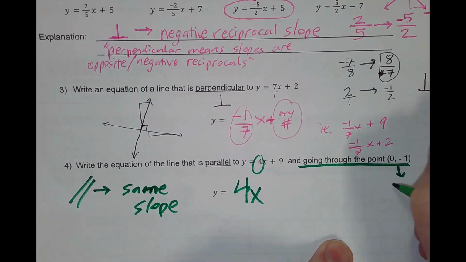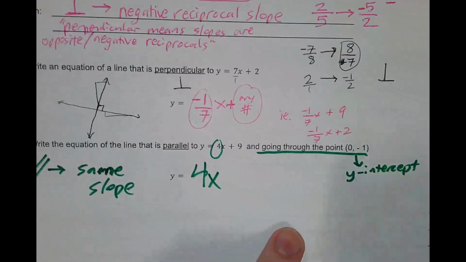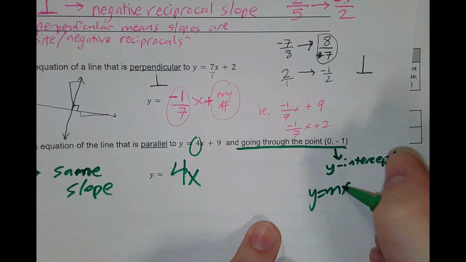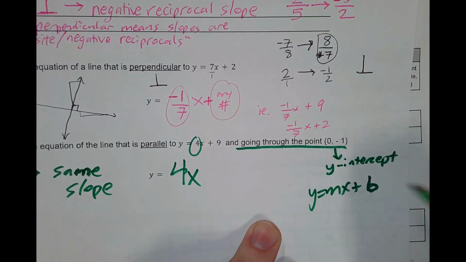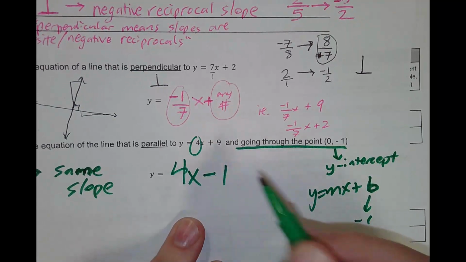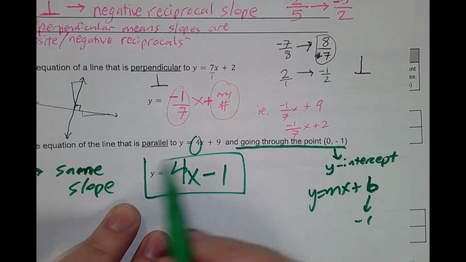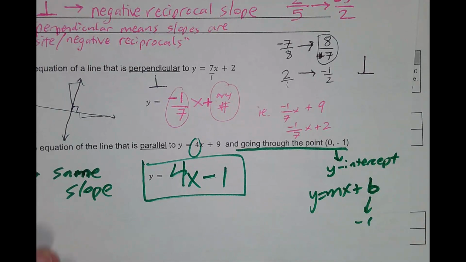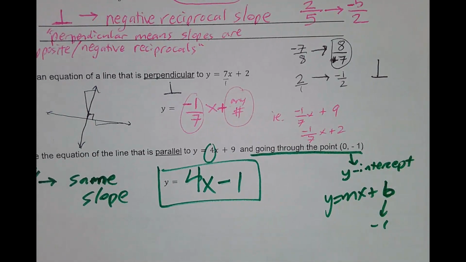Interestingly enough, this is a y-intercept. So if I have to say y equals mx plus b, we know that b has to be -1. So I'm going to go ahead and say y equals 4x minus 1. And that is the answer to number 4.